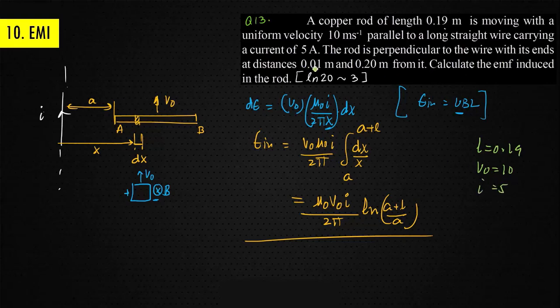The distances are 0.01 meter and 0.2 meter from it, so a is equal to 0.01 meter. So ultimately you can put these numbers in. Once we calculate, this number comes to be 3 into 10 to the power minus 5 volt. That will be your answer.